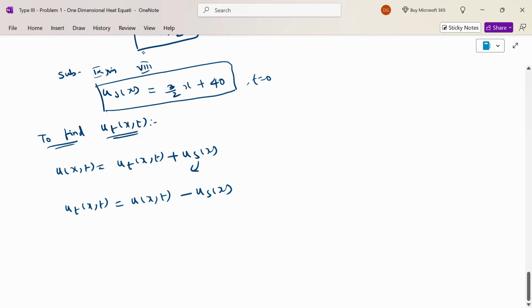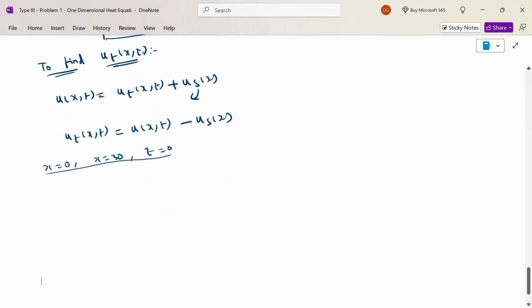Now we can solve u_t of x comma t if we get the conditions. What conditions? We have x equal to 0, x equal to 30, t equal to 0. To apply these conditions, first condition: u_t of 0 comma t.